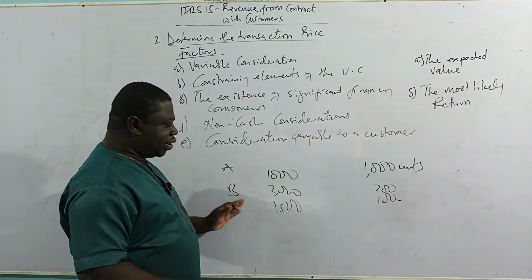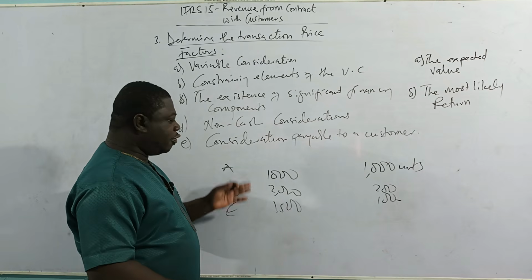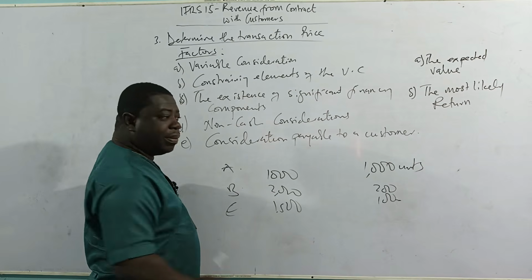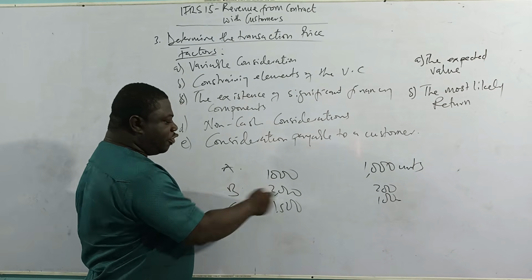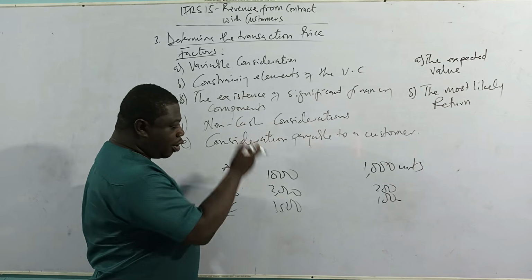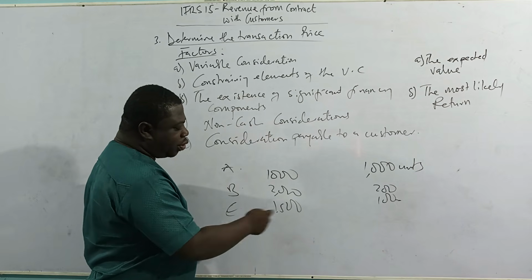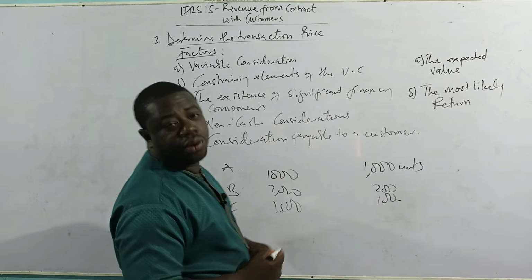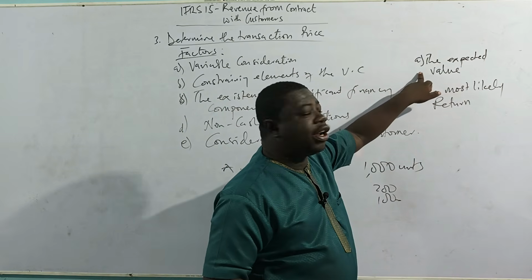So you have three possible outcomes in terms of the revenue you will get from the contract. However, each of them will have a probability weighting. So what we do is that we find the weighted average consideration of this, and whatever value that we have, we take it to be the consideration, and that is the expected value method.